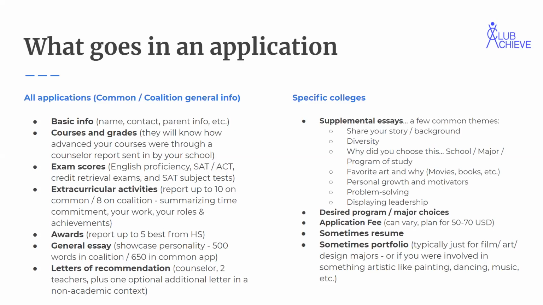So we'll talk about that in a little more detail, but basically letters can make or break your application. So you want to think about those really carefully, even though you're not really the one writing that content.